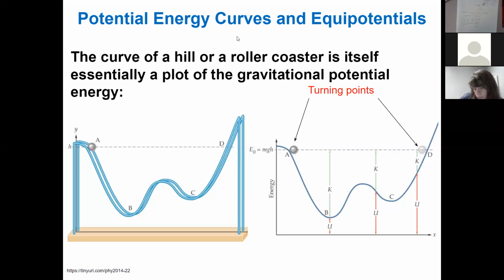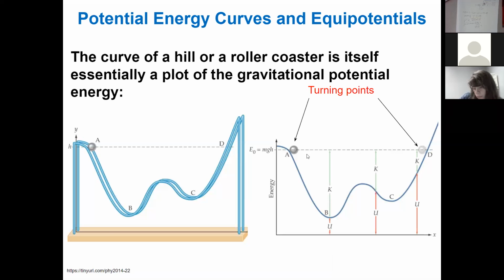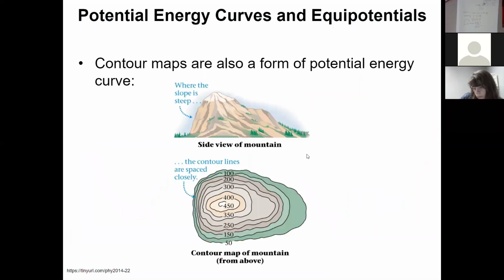Okay, and if you are looking at the gravitational potential energy here, then this is the gravitational potential energy curve. If they are at the same height, then it's called equal potentials, because the height will determine the gravitational potential energy.